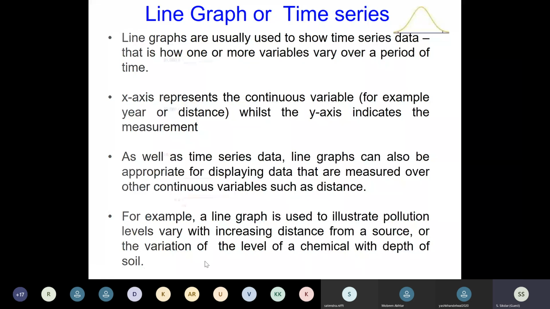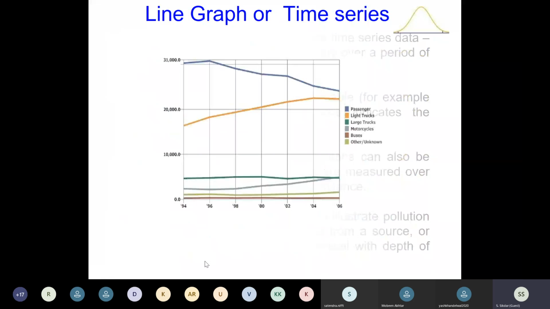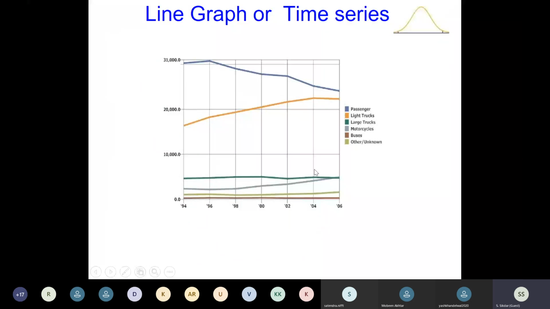So here is an example showing that with the passage of time, what are the productions of light trucks, large trucks, motorcycles, buses, and other passenger vehicles. Here is the distribution that has been shown. This is one way of showing line graphs. You could also show this in the form of a bar chart.